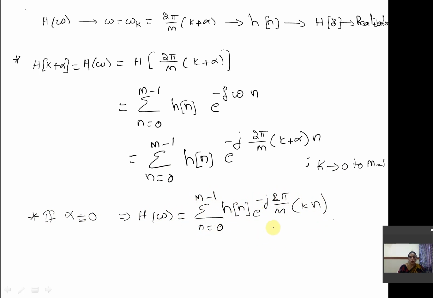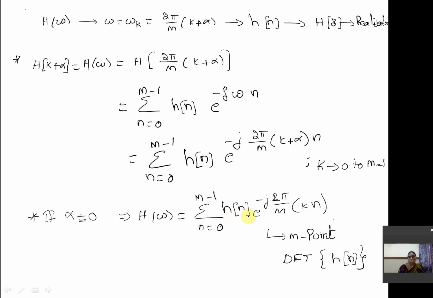This is nothing but, what is this? M point DFT, discrete Fourier transform of h of n. Am I correct? So this is the DFT equation.